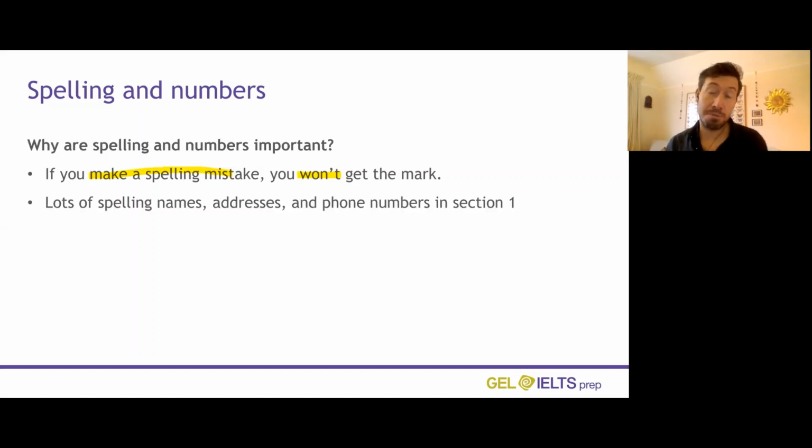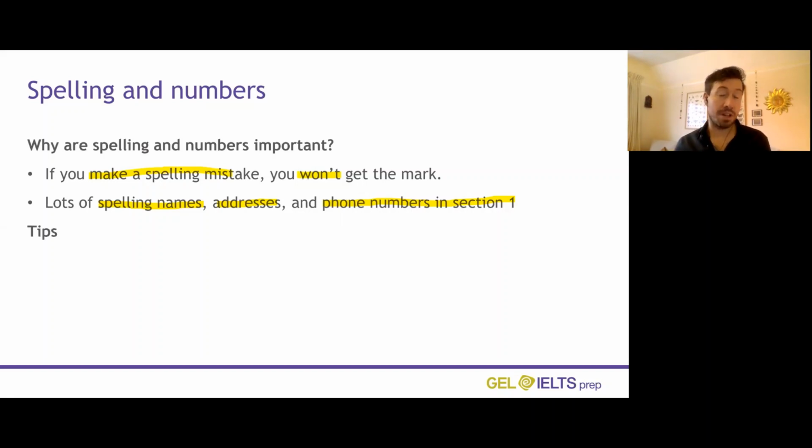It's often a form completion task. So there's lots of spelling of names, addresses, phone numbers in section 1. There's 10 marks in section 1. So it's the part of the exam where you have the best opportunity to get some easy marks, but it comes down to spelling, names, addresses, that kind of thing. So we need to be very familiar with this.